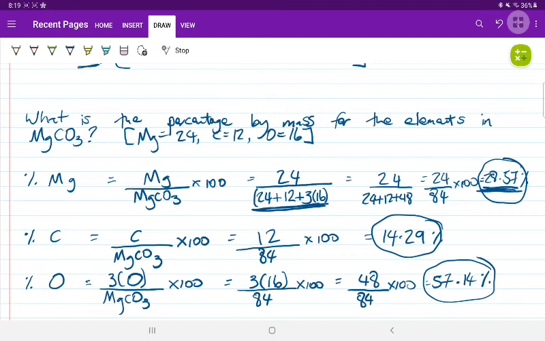So this is how you find percentage composition, guys. Not difficult. All you have to do is make sure that, number one, you calculate the RMM for the compound. And if there is more than one of a particular element in the compound, you have to multiply the relative atomic mass for that element by the amount of that element that's there.